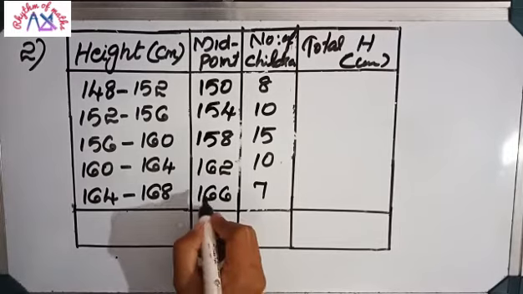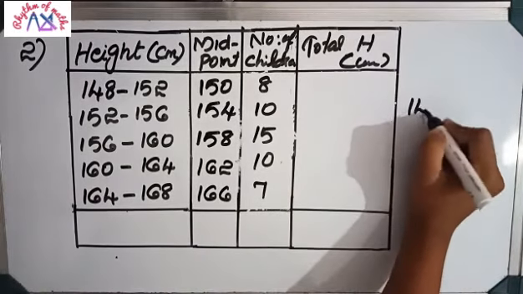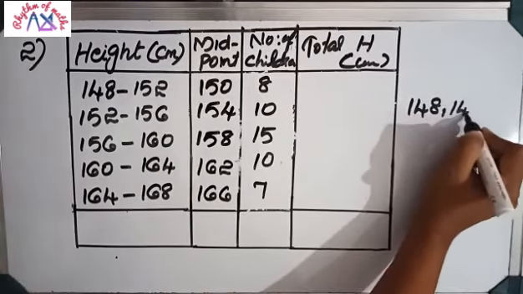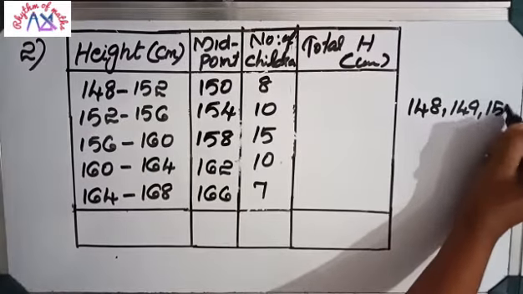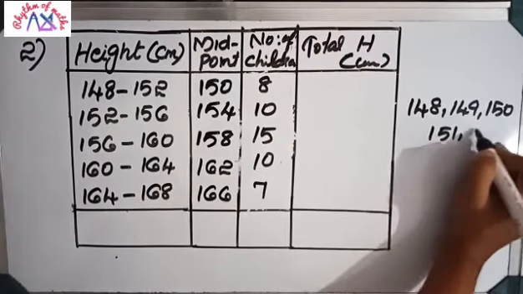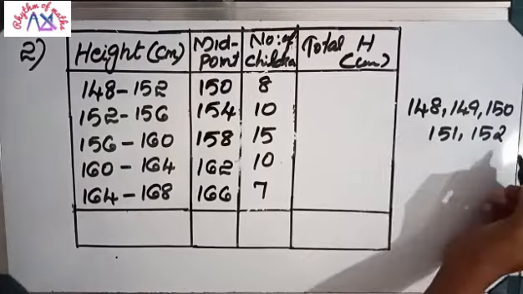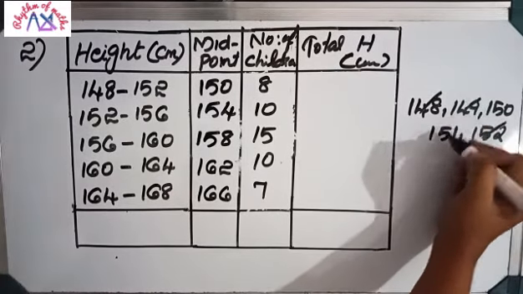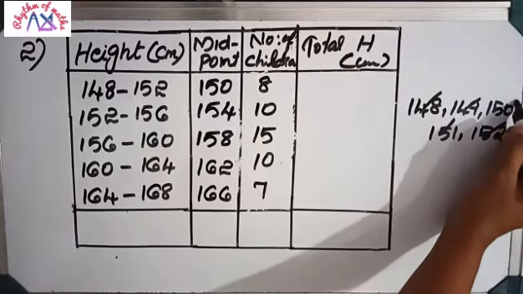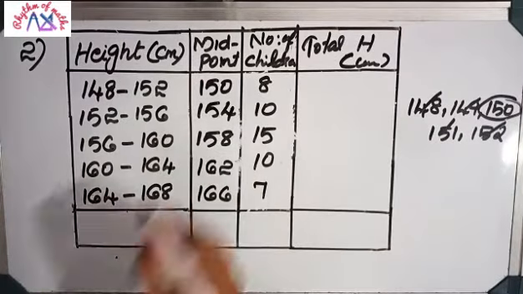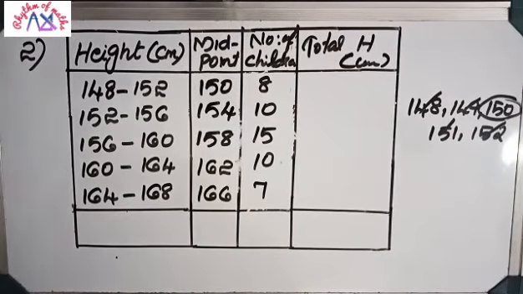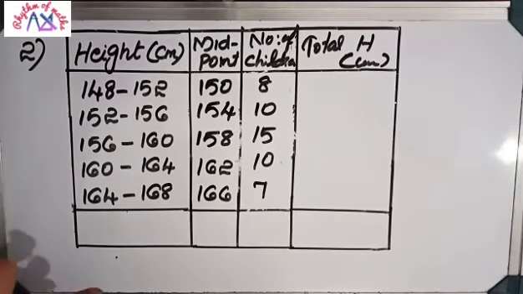If you are confused with this, just write 148, 149, 150, 151, 152. Two numbers we can cancel from both ends, and the remaining middle is 150. Any method you can choose to find the middle number. After that, the remaining steps are the same.